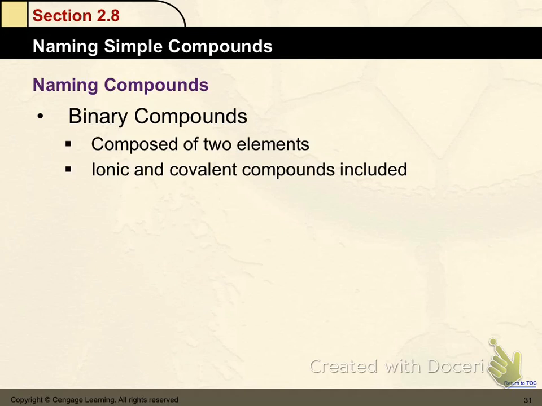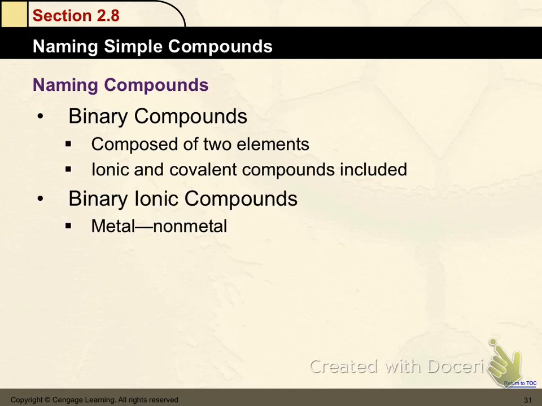You may be given its symbols and have to know the name, or vice versa. A binary compound is the first and most simple type of compound. It's composed of only 2 elements, and ionic and covalent compounds are included in these simple compounds.